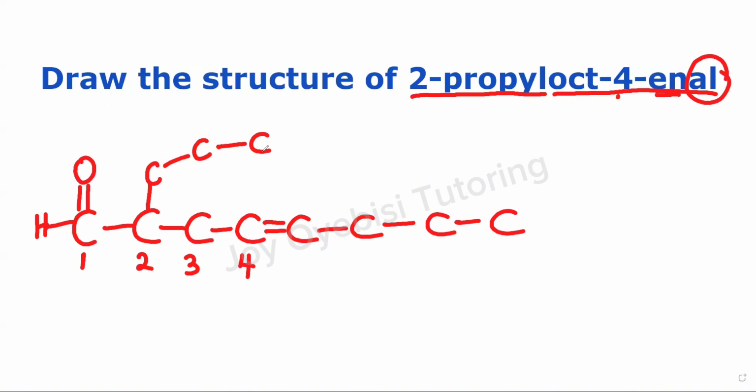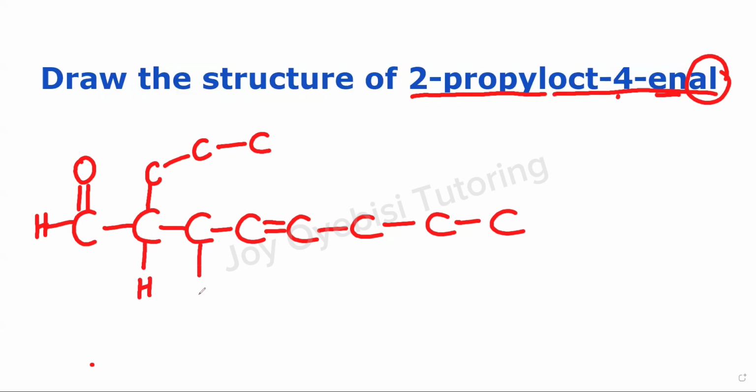After this step, the next step is to add your hydrogens, making sure that each carbon has 4 bonds surrounding it. For the first carbon, we have 1, 2, 3, 4 bonds, so that is already filled. If we move on to the second carbon, you have 1, 2, 3, so you need 1 hydrogen to make up 4 bonds around the carbon.